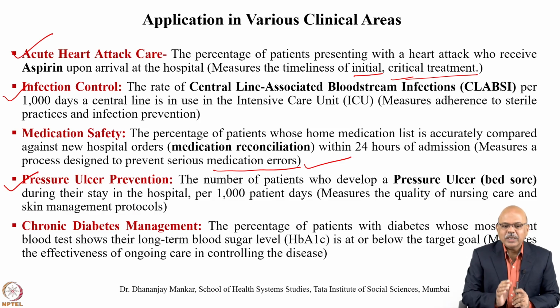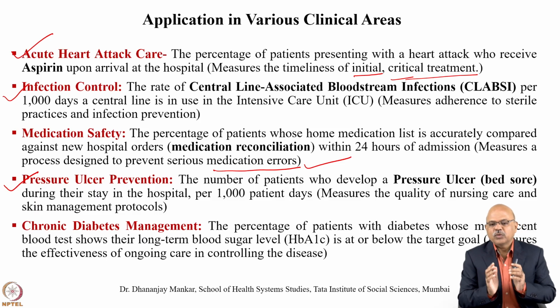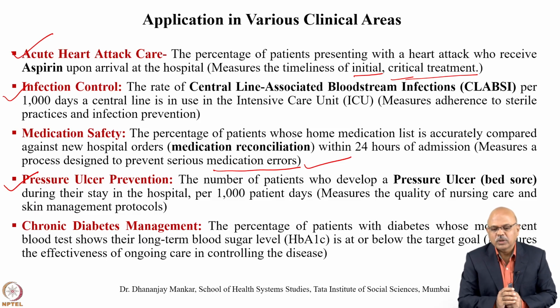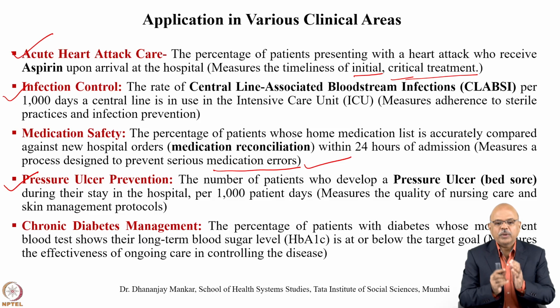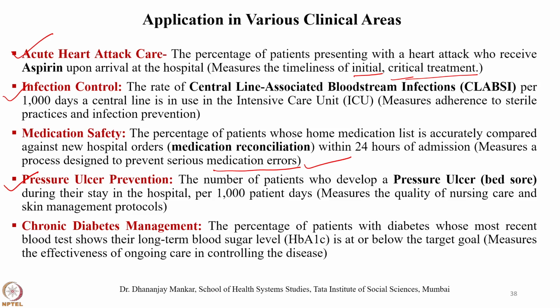Then comes chronic diabetes management. Chronic diabetes management is a very important issue nowadays for organizations, because the number of patients with non-communicable disease is increasing, and you may find diabetic patients as one of the majority. The percent of patients with diabetes whose most recent blood test showed that their long-term blood sugar level is at or below the target. It measures the effectiveness of ongoing care in controlling the disease.